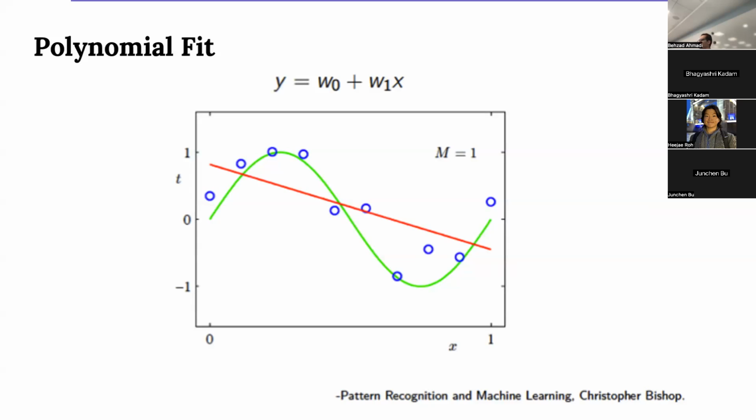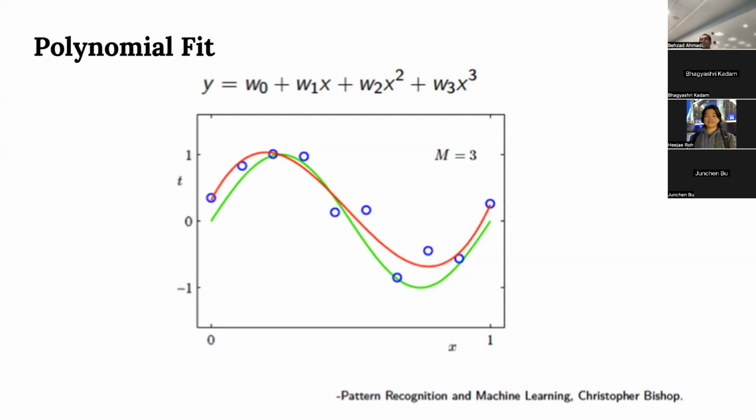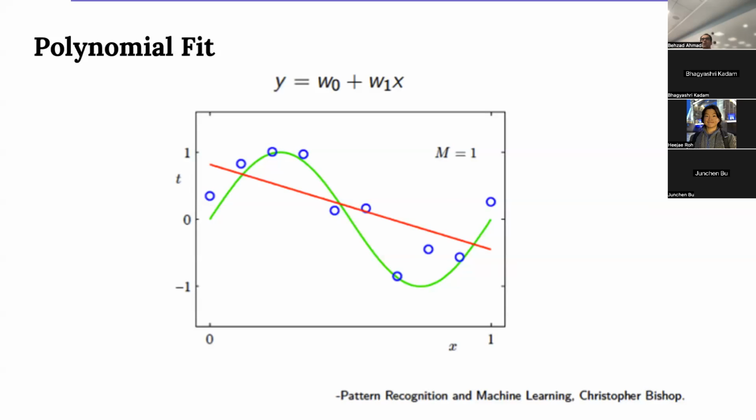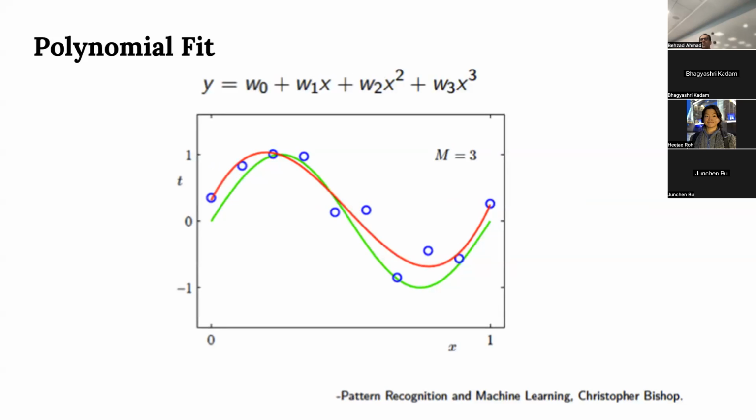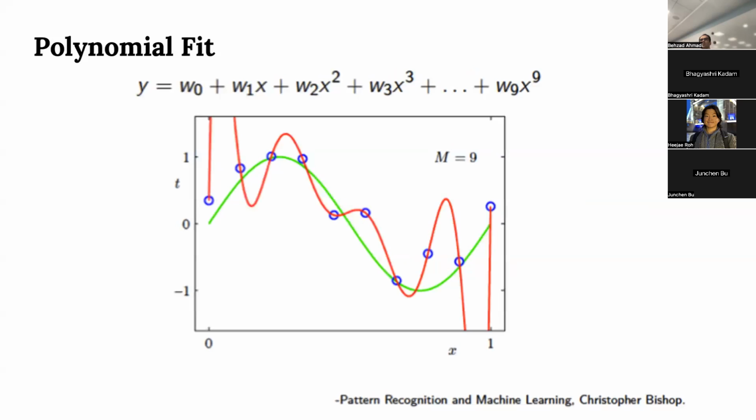If you go with 1 degree, 2 degree, and then all the way to 3, that's what it gives you. If you go with 9, you're going to overfit. You can capture, but you're going to overfit. Obviously, you're very far from a hypothetical green line.